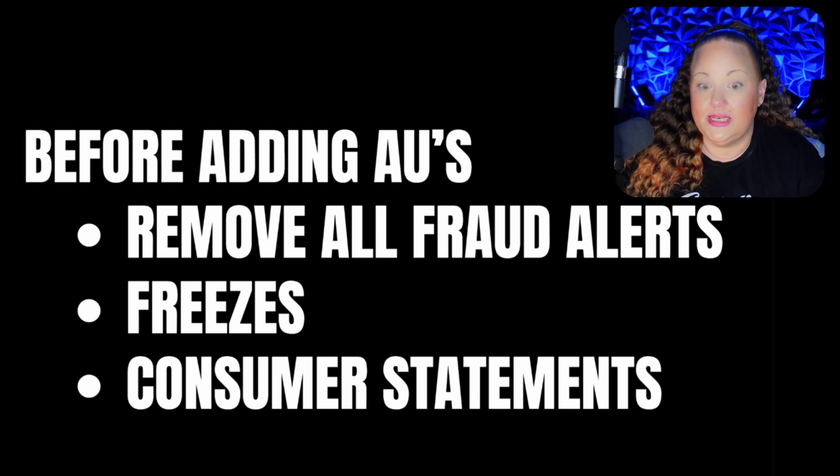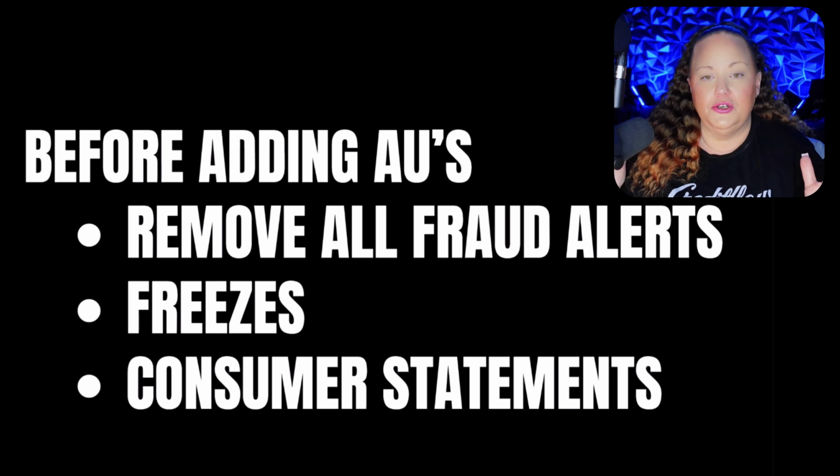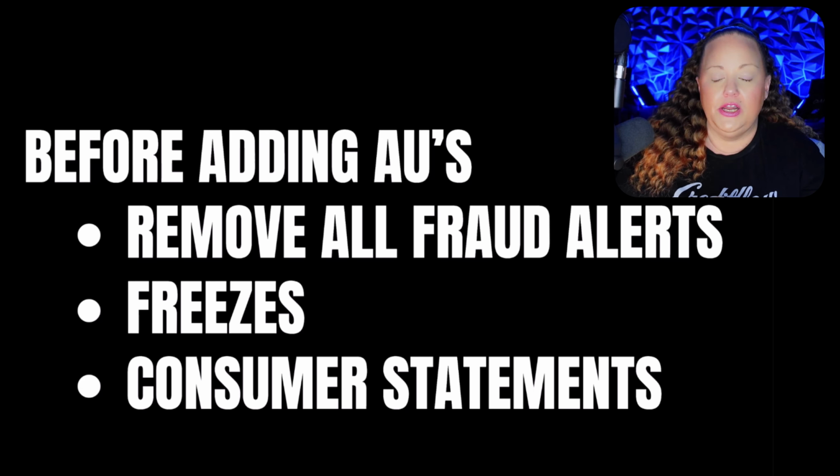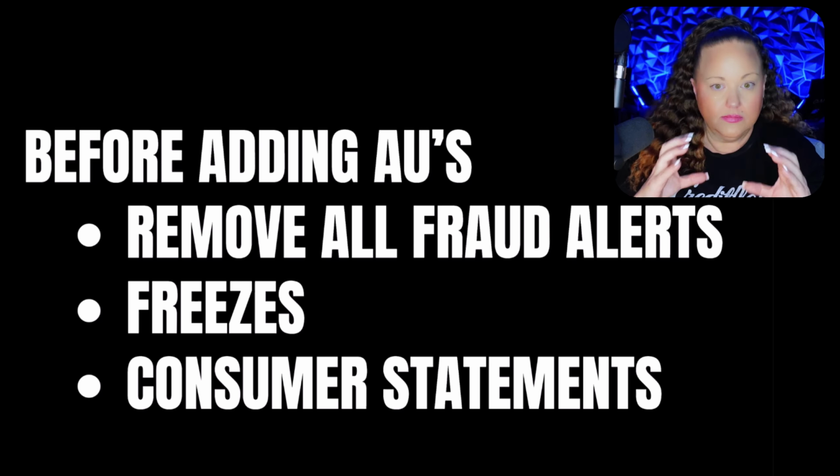You have fraud alerts. So remove freezes, remove any consumer statement. Sometimes I'll see a whole story in a consumer statement field, right? And usually the fraud alerts and the consumer statement are the same thing.